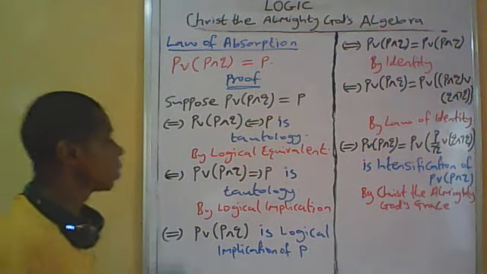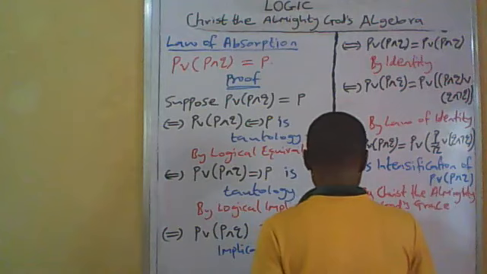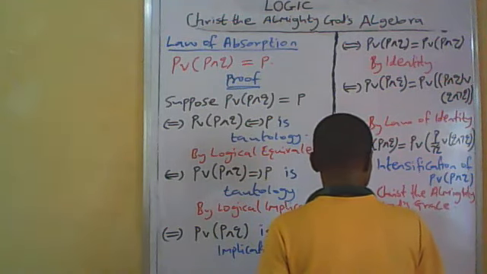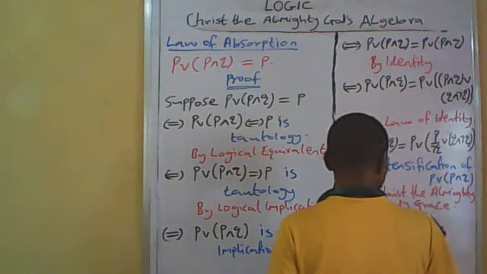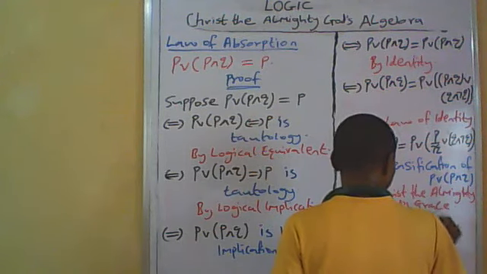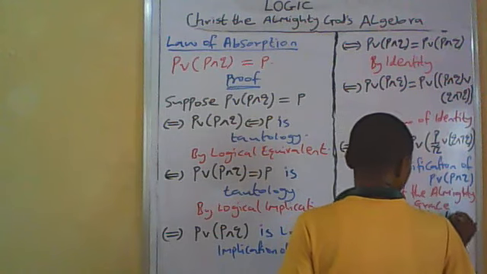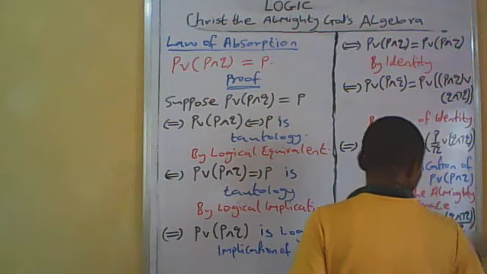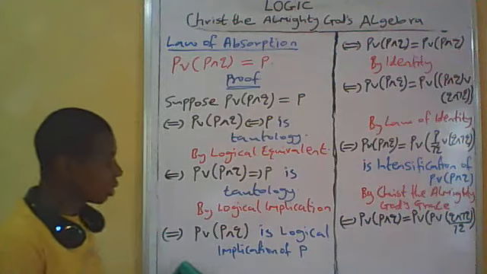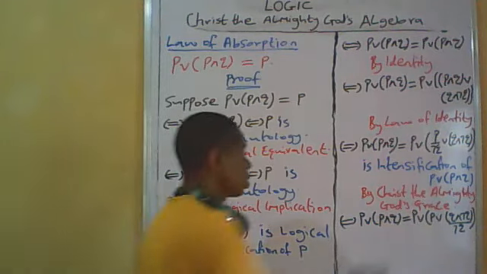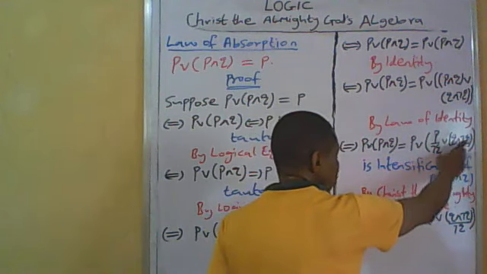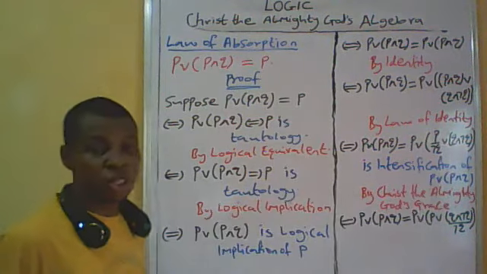We continue. Say if and only if P or (P and Q) is equal to P or (P or (Q and not Q) upon not Q). We see that we have now distributed this not Q to the second disjunct.